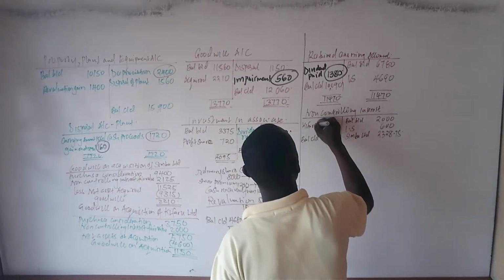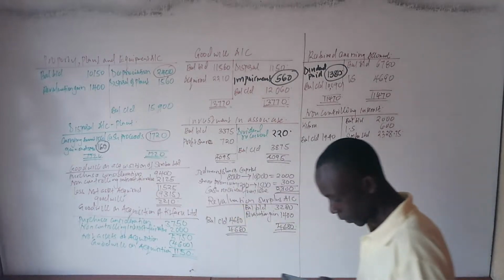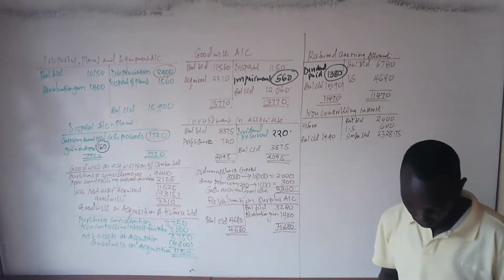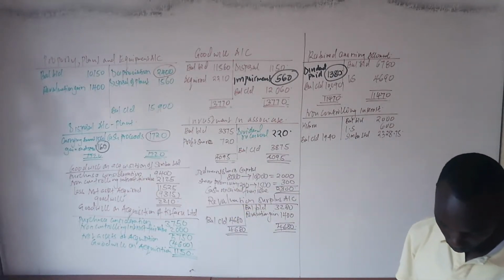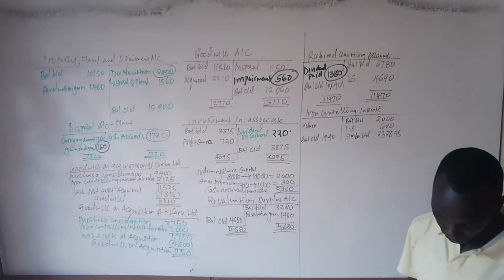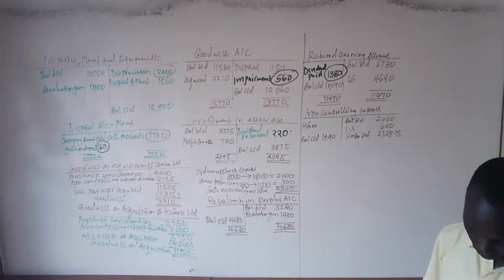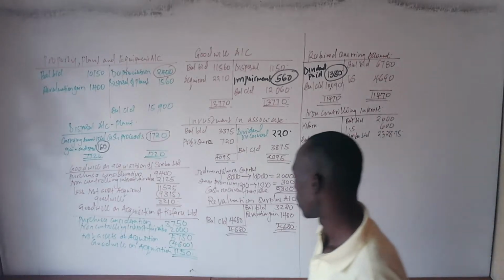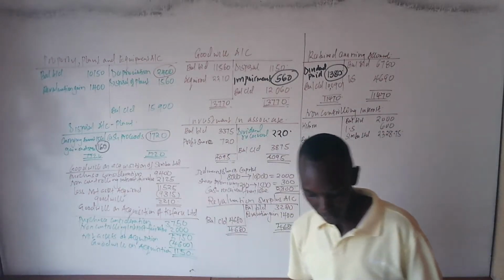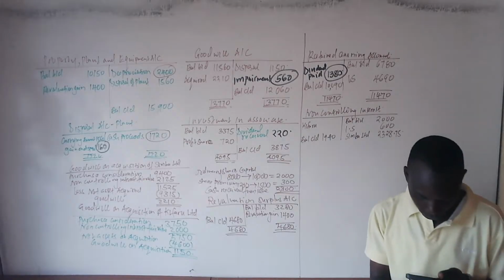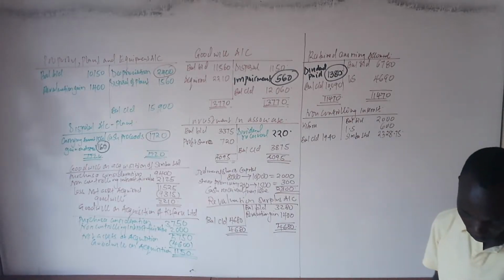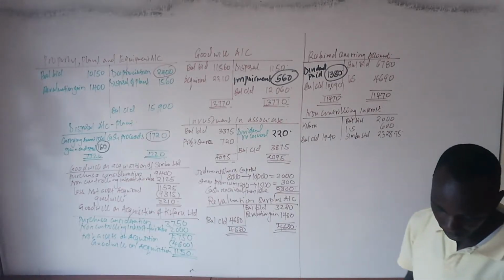Give me the figure of Kifaru. At the disposal date, you are told that the net assets were 6100.